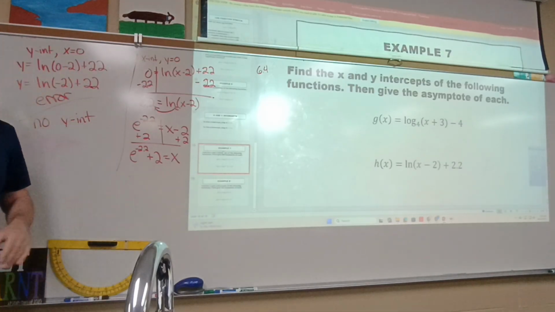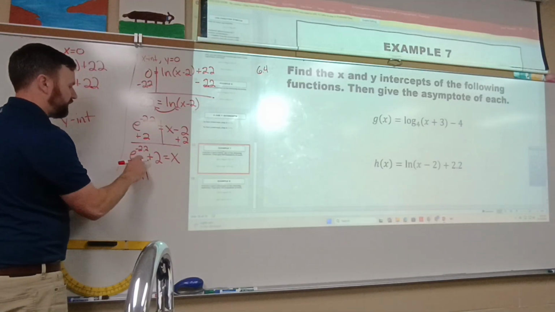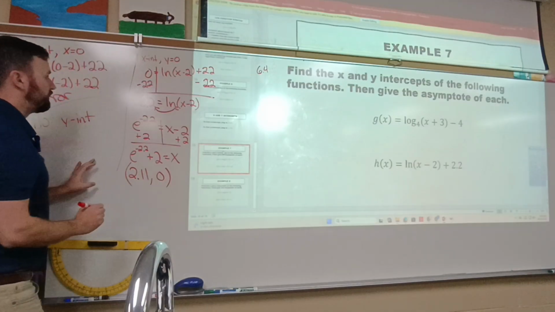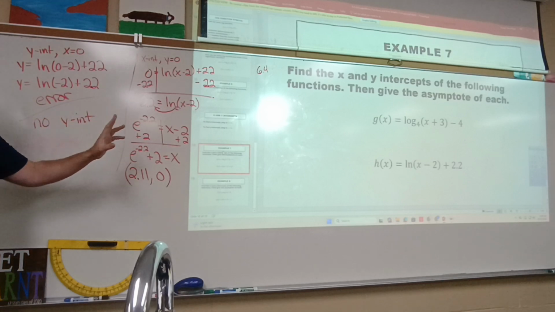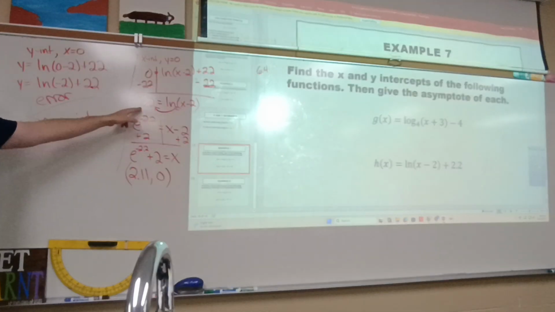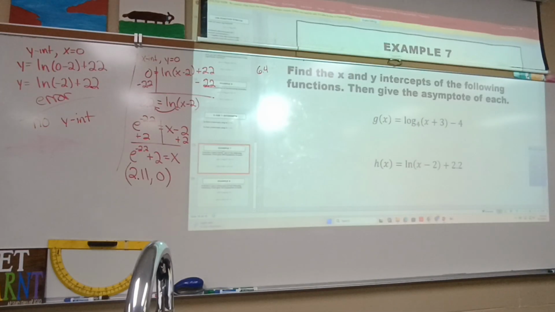What did you guys get when you plugged in? 2.11? Yep, that sounds about right because that'll be a very small number. So we get the point 2.11, 0. So again, what is the new step we have on all these problems? Using the base to the power, set equal to that. If you can do that, you're going to be in really good shape for this unit. That's it.